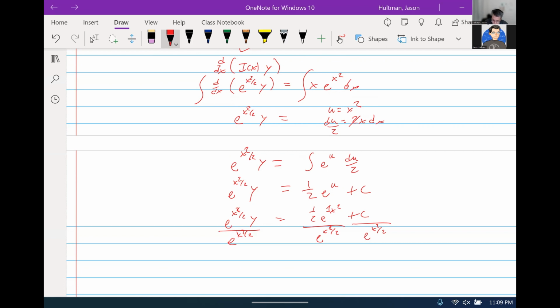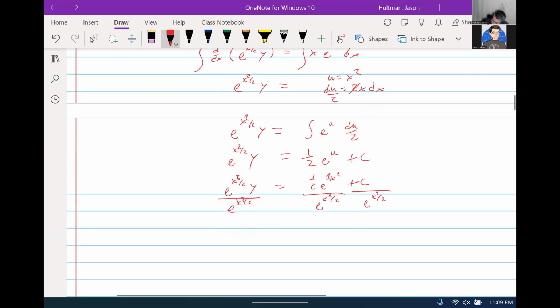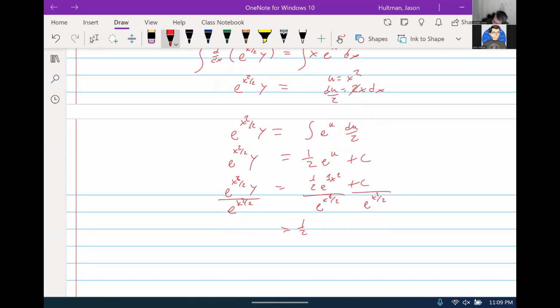That should leave me with a 1/2 x squared when I divide. So this is 1/2 e to the x squared over 2 plus c e to the negative x squared over 2, that guy's on the bottom, is equal to y.